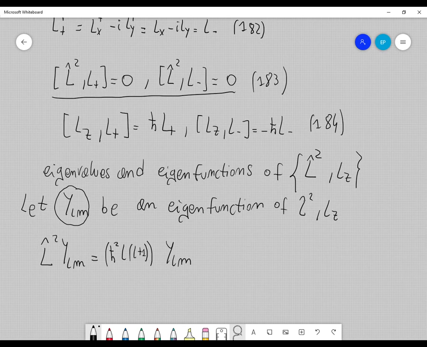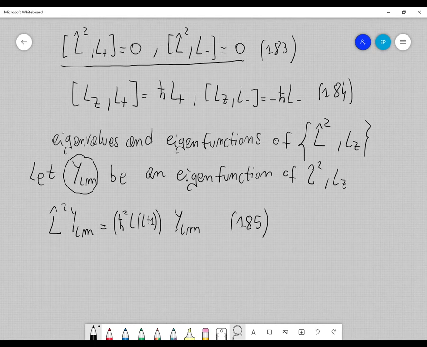This is just for convenience. Equation 185. And also I can define the eigenvalue for Lz. So Lz times YLM is equal to h bar M times YLM by definition.